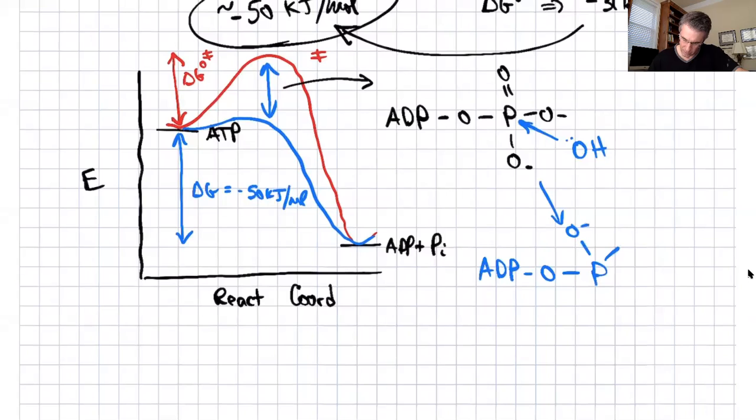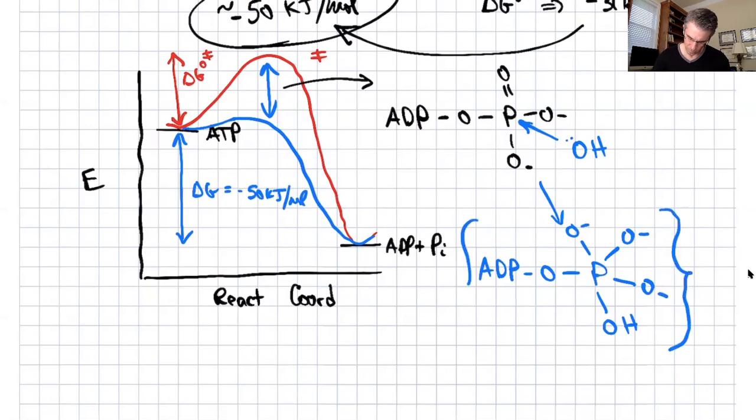To create a transition state that's going to look something like this: O minus, O minus, O minus. There's our hydroxyl. There's our transition state. Look at that. Look at all that negative charge.